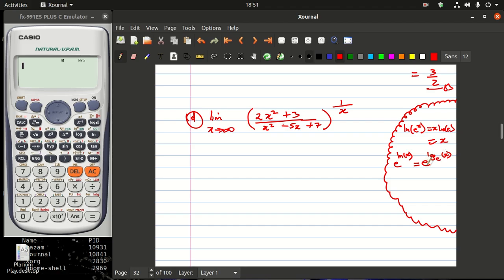As long as this number is the same as the base, this and this will undo each other. In other words, this whole thing will just be the same as x. So e and ln undo each other, so that what is inside is there. And even if you do it like this, you're still going to arrive at the same thing.